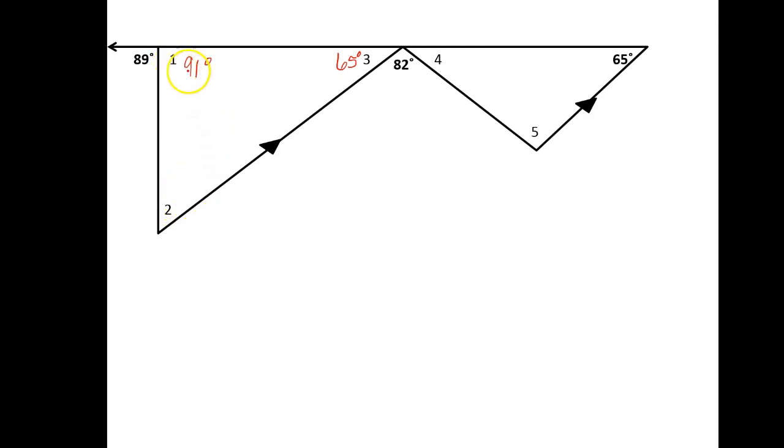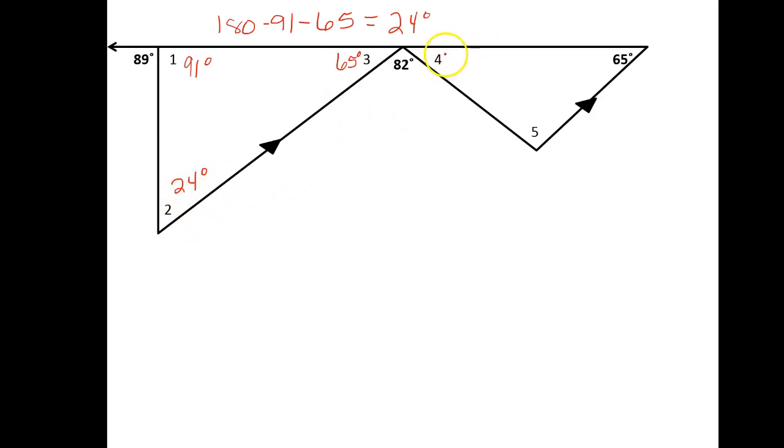And we know that the sum of the interior angles of a triangle is 180 degrees. So 180 minus 91 minus 65 is 24. So the measure of angle 2 is 24 degrees.